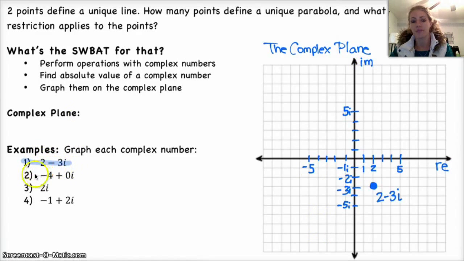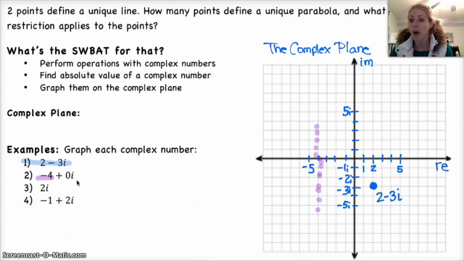Now the next example, plotting the number -4 plus 0i, right? Well, your real part is -4. Okay, so you go over -4 on the real axis. So that's here, right? That's -4.